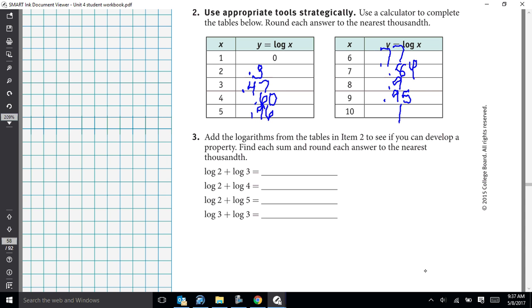All right, so log 2 plus log 3. If we add these together, we get 0.77. So log 2 plus log 4, so 0.3 plus 0.6.